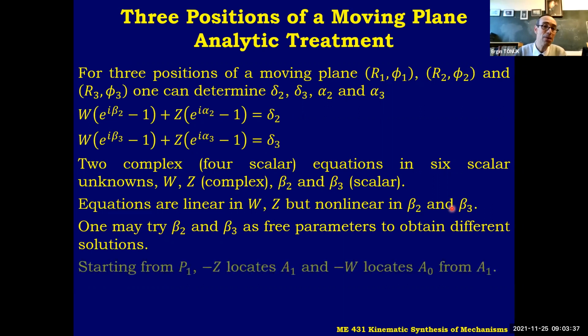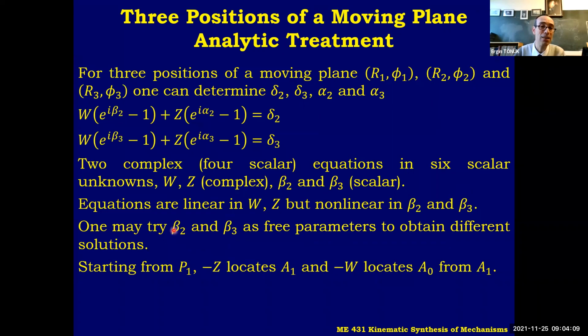So what happens is, starting from the position of your representative point P1, negative Z vector locates your circle point A1 in the position 1. And then from A1, a negative W locates your center point A0, okay?